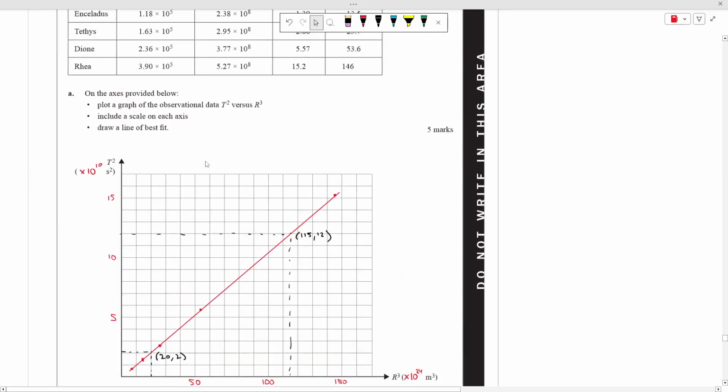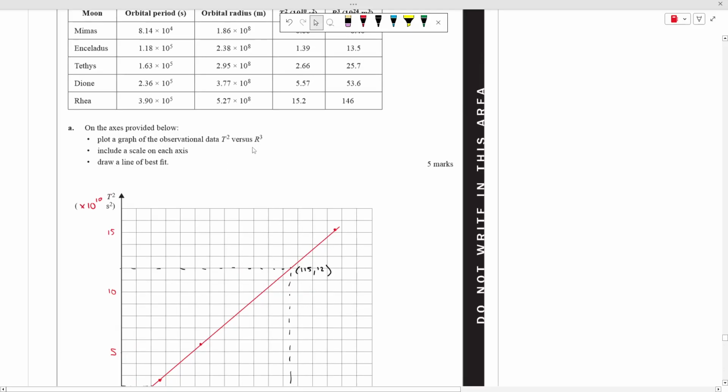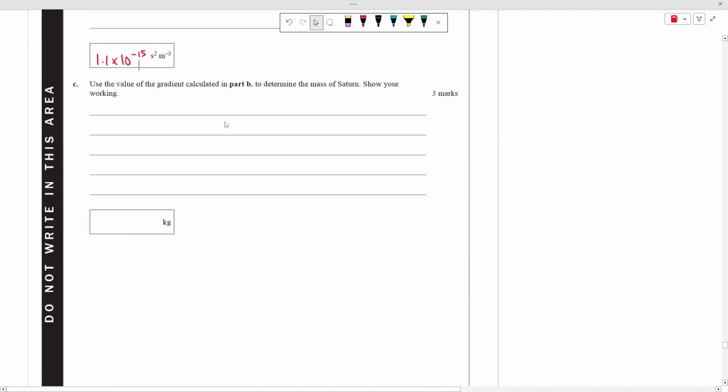What have we got? We've got information about t squared and r cubed. Where have we seen t squared and r cubed before? That was here. R cubed over t squared equals GM over 4 pi squared, which itself came from the fact that we're in circular motion.